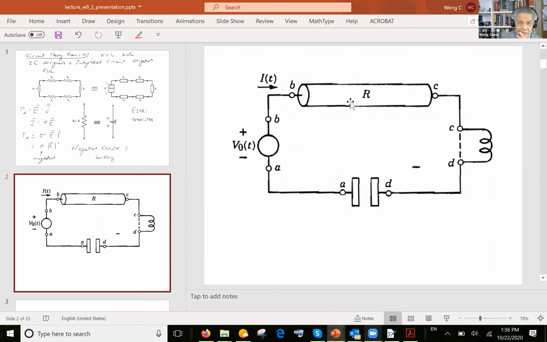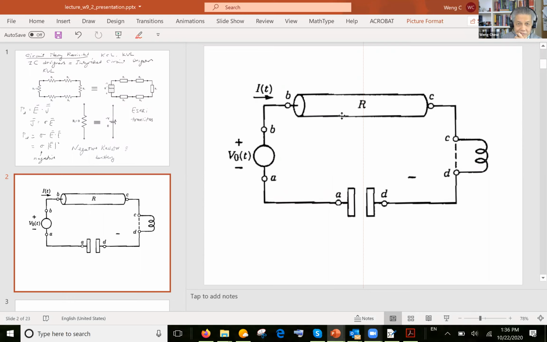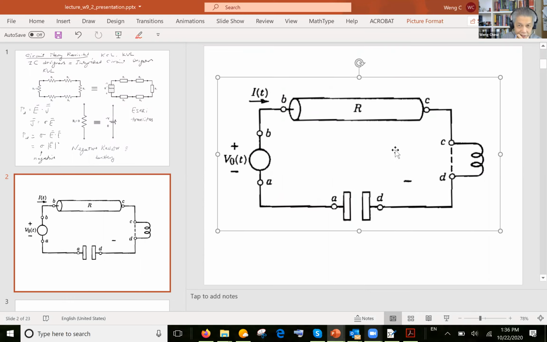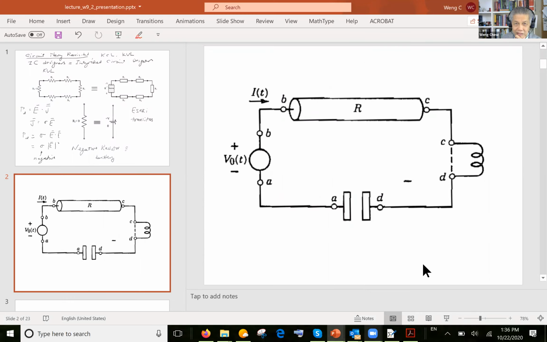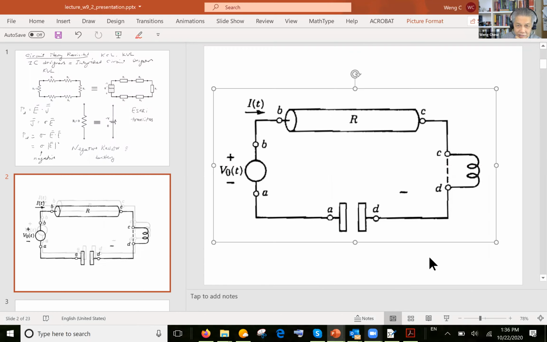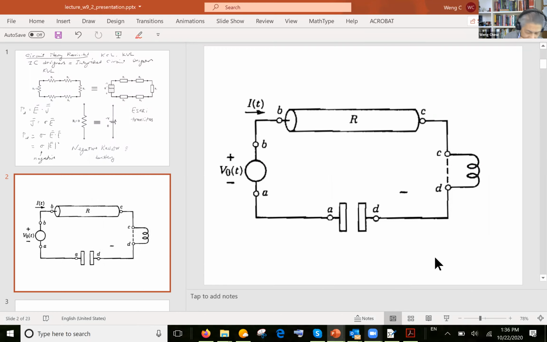So let's think about Kirchhoff voltage law applied to a circuit like this, where you have resistors, inductors, as well as capacitors. Okay, we can apply Kirchhoff voltage law to this loop, and Kirchhoff voltage law essentially follows from this equation, which is Faraday's law.